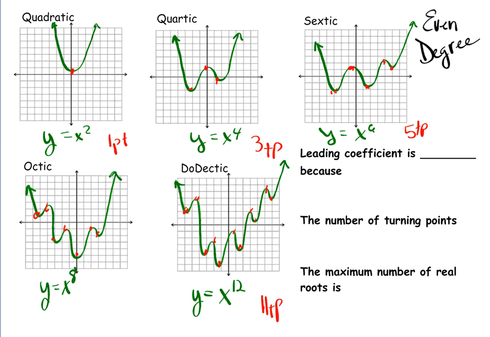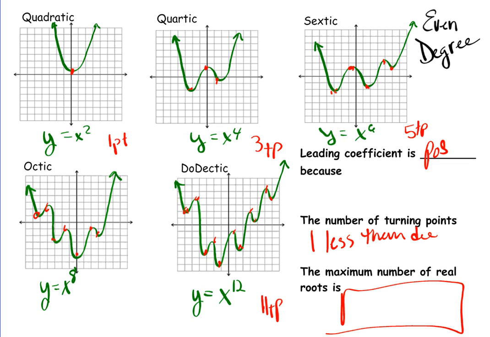My leading coefficient is positive because they're all opening up. They all catch water if I poured water into them. The number of turning points is always one less than the degree, or the degree is one more than the number of turning points. And the maximum possible number of real roots is equal to the degree. Write that in here, please.